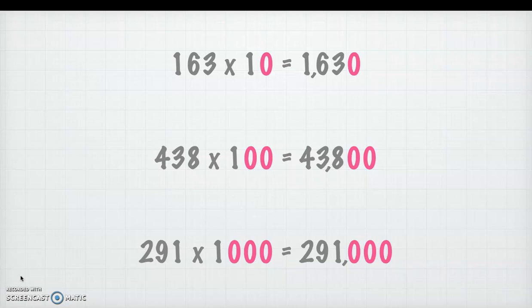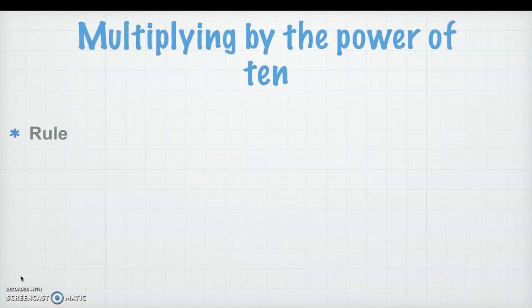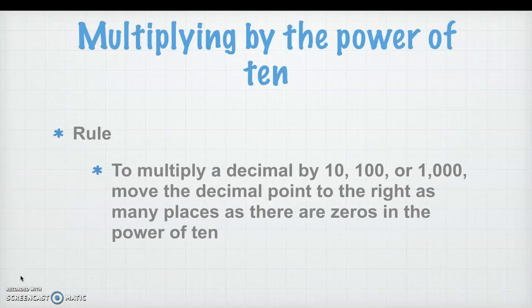Now the next rule is whenever you're multiplying a decimal by 10, 100, and 1000. The rule states, to multiply a decimal by 10, 100, or 1000, move the decimal point to the right, not to the left, but to the right, as many places as there are zeros in the power of 10. Now let's see that number 10.